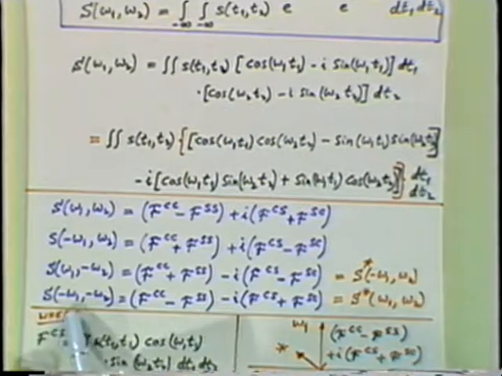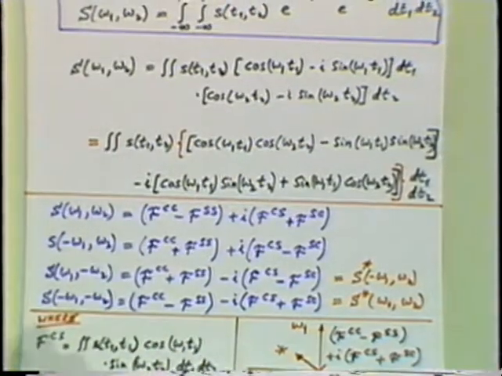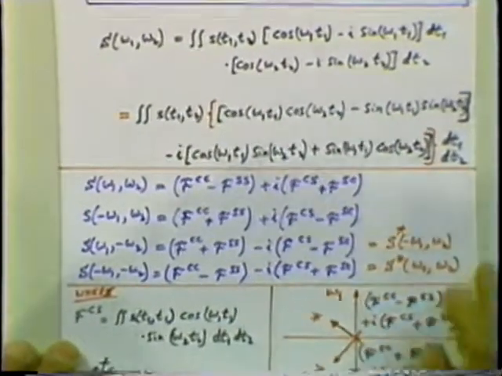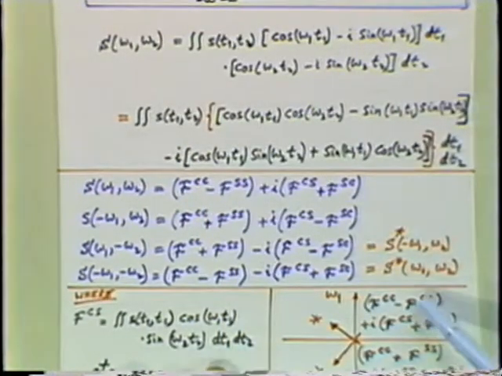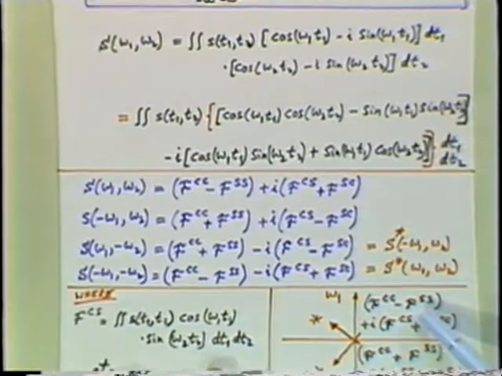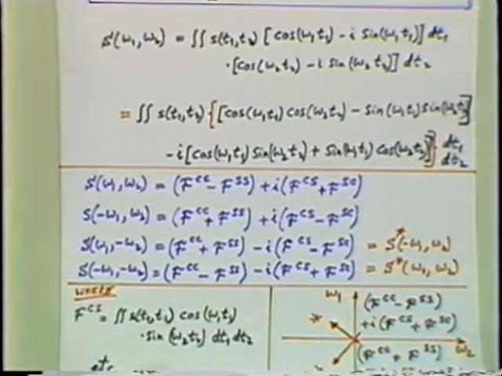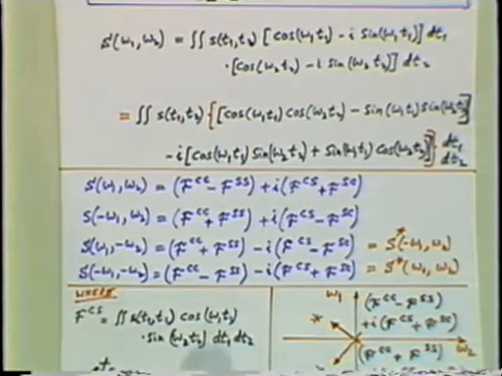And S(minus omega 1, minus omega 2) is the complex conjugate of S(plus omega 1, plus omega 2). So if we start with a single detected signal here, then we really have information in 2 quadrants of omega 1, omega 2, and there is no additional information in the remaining 2 quadrants.